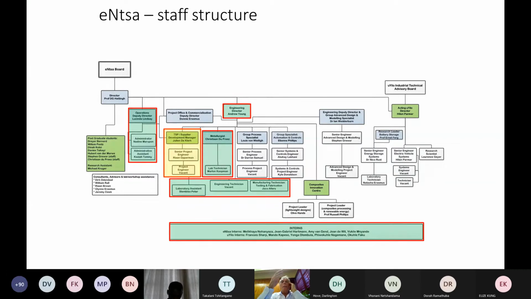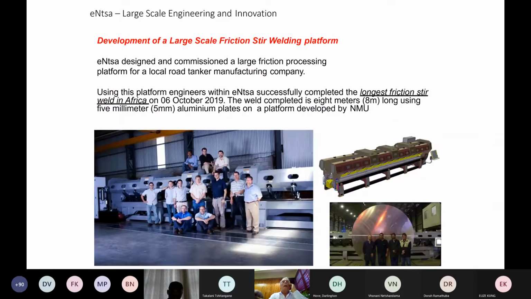We are able to keep the expertise because they are paid the same salaries as a qualified high-level engineer would be paid in industry. Just some of the large-scale friction welding work that they've done: they did the longest friction stir weld in Africa, and they've got the biggest friction stir welding facility in the Southern Hemisphere in that particular unit.